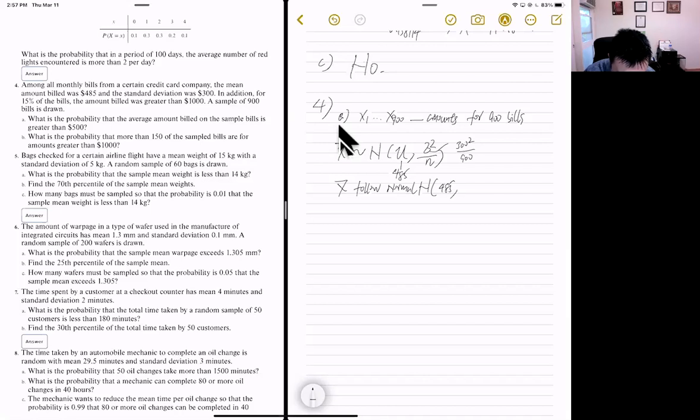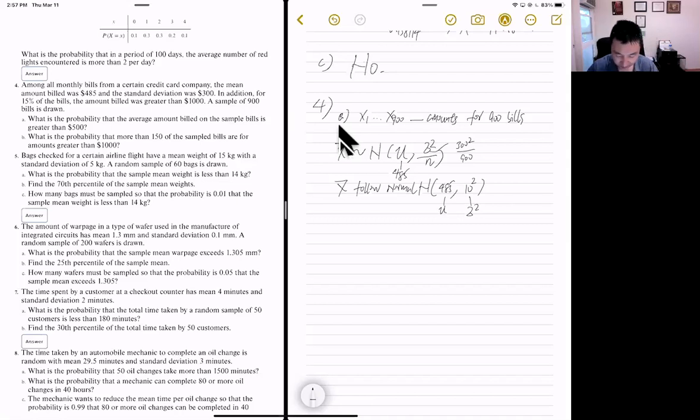Okay, but the variance will be 100. So the sigma is 10. Okay, so that's mu, that is sigma squared.